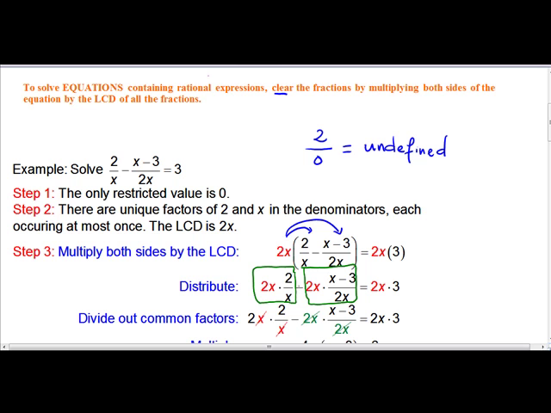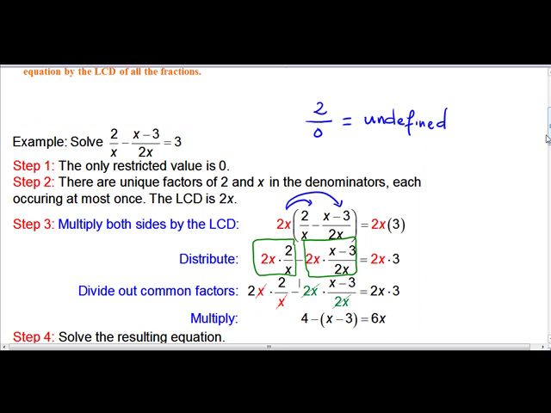This is a minus sign between the terms. For this term, you cancel out the x. For this one, I cancel out both 2x. When I cancel this x out, I'm left with 2 times 2, which is 4. For this one, we cancel out the 2x, so I get x minus 3.